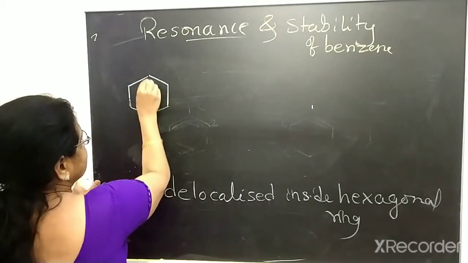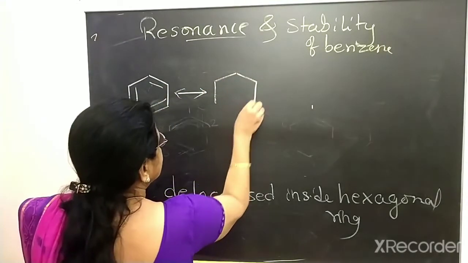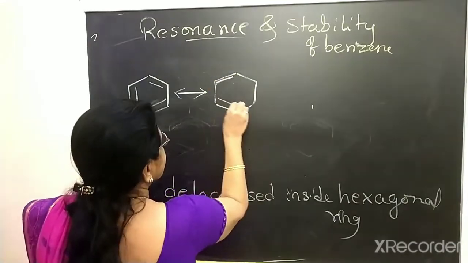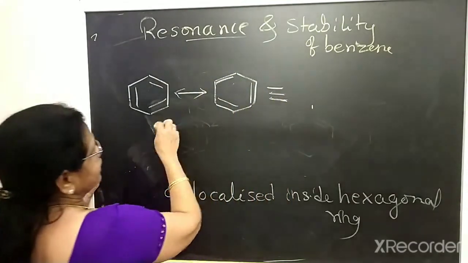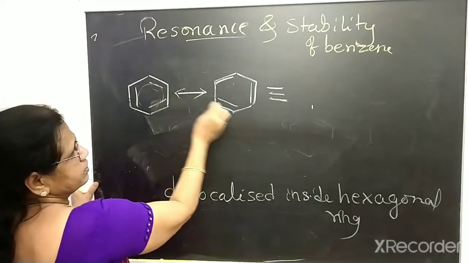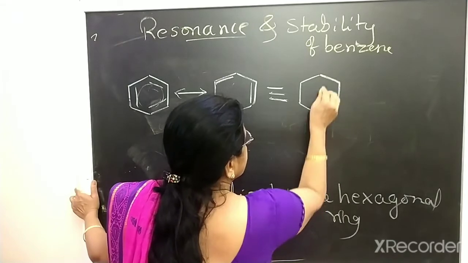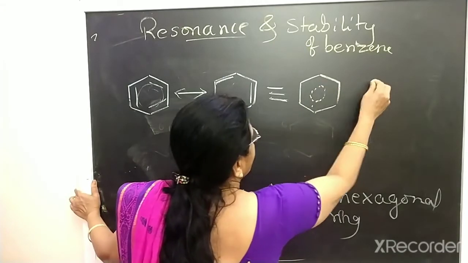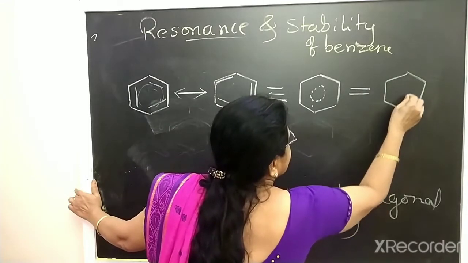So the resonance hybrid: these two structures are given by Kekule, and the 3 pi electrons are oscillating, shown as a dotted ring or as a small circle.